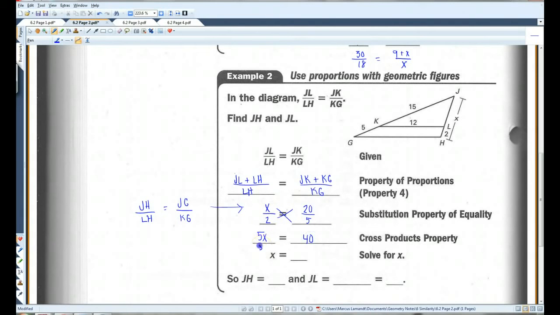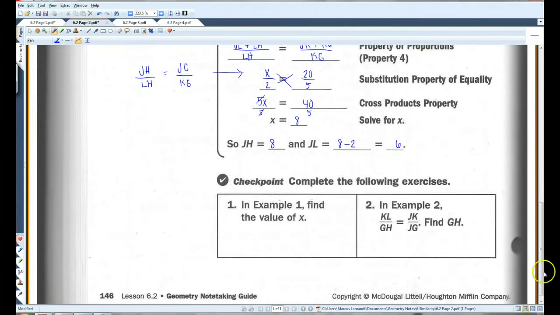If I divide both sides by 5, x equals 8. So JH equals 8. JL equals 8 minus 2, which is 6, because if this whole thing is 8 and this piece is 2, then this piece has to be 6 to make the whole thing 8. Alright, I'll let you do the checkpoint.